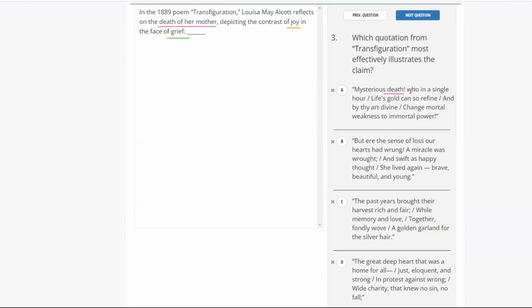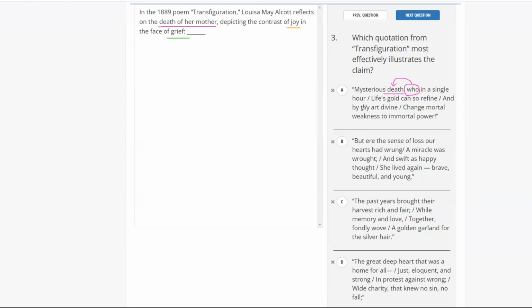The next phrase says, who in a single hour. Well, who is the who that we're talking about here? The phrase immediately before talks about death. So probably death. Death in a single hour. Life's gold can so refine. Not sure what that means, so let's move on.